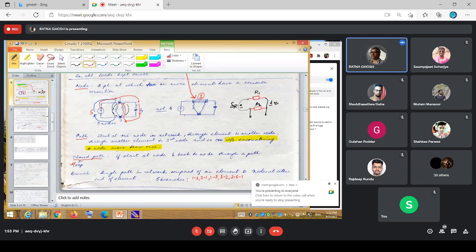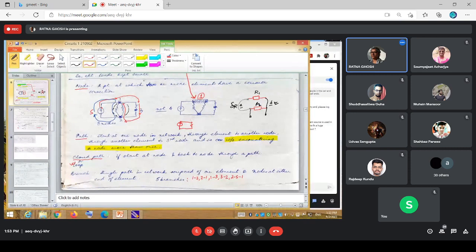What I'm saying is, I'm drawing the same thing, just now pushing it out further.